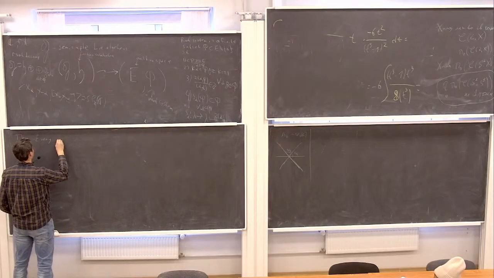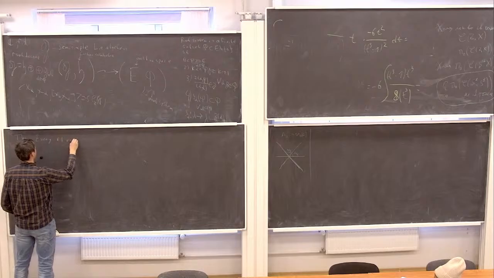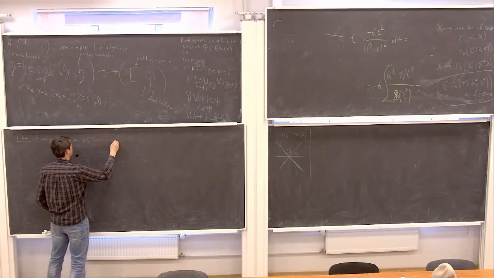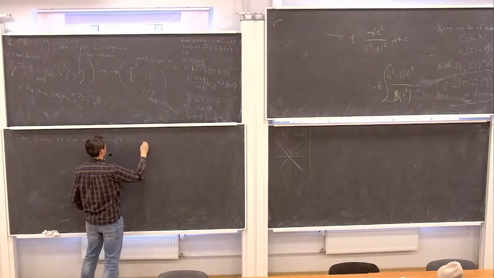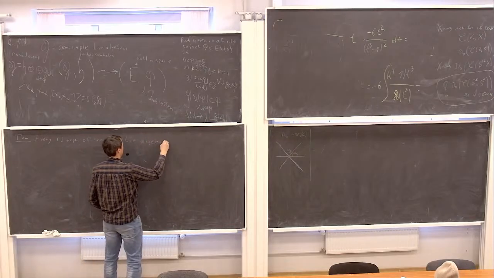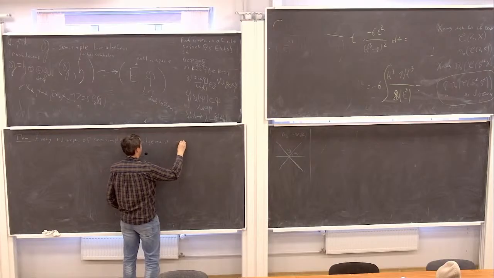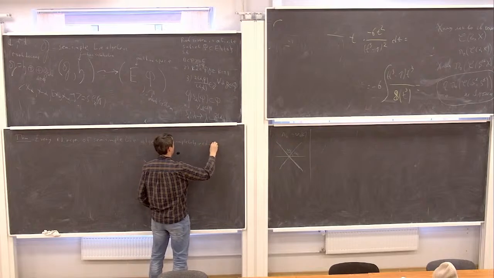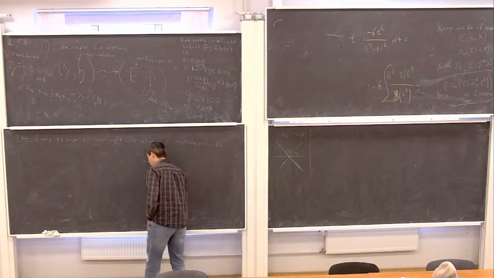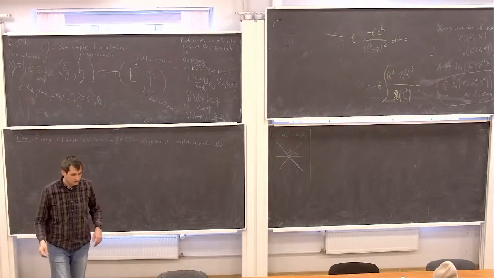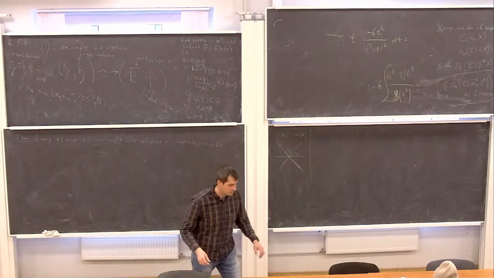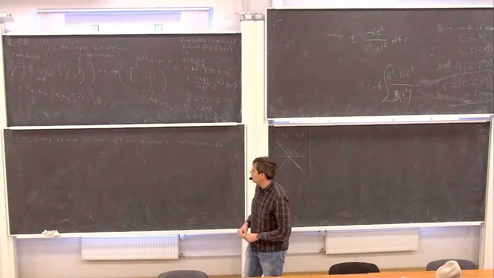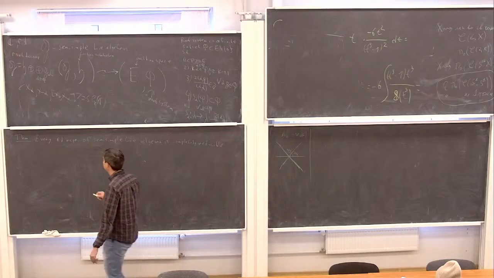Every finite dimensional representation of a semi-simple Lie algebra is completely reducible. It means that every representation is a direct sum of irreducible representations in a unique way. Yes, finite dimensional.